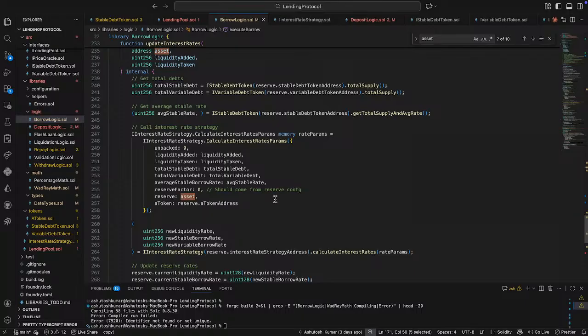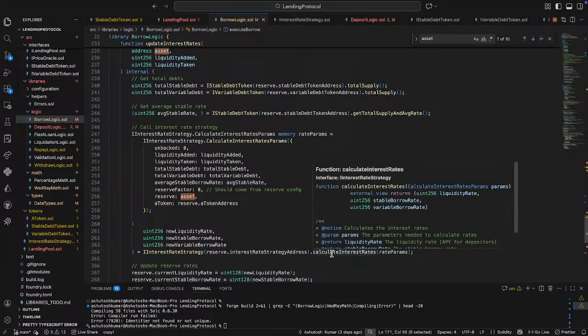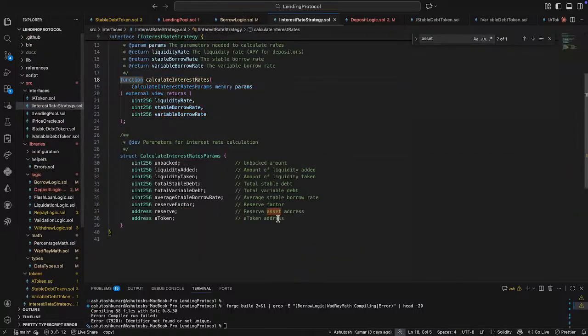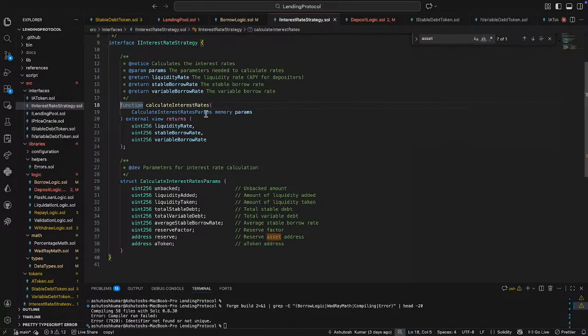Interest, if you are trying to calculate the interest, so stable rate, average stable rate onto total, let's check. It's just an interface.